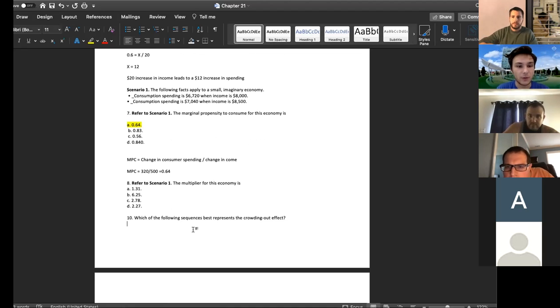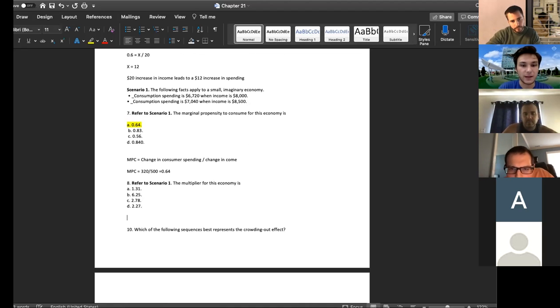And now the money multiplier. Like I was saying, this is going to be just the equation you're going to need to know: 1 divided by 1 minus MPC, or another way of expressing that is just 1 divided by the marginal propensity to save.